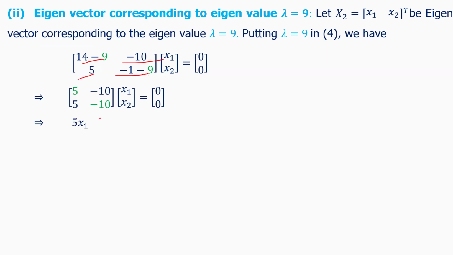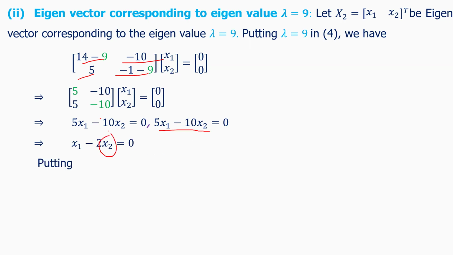Writing it in terms of equations, 5 x1 minus 10 x2 equal to 0, and 5 x1 minus 10 x2 equal to 0, the same equation. So we have only one equation, x1 minus 2 x2 equal to 0. Now putting x2 equal to t, we get x1 equal to 2t.